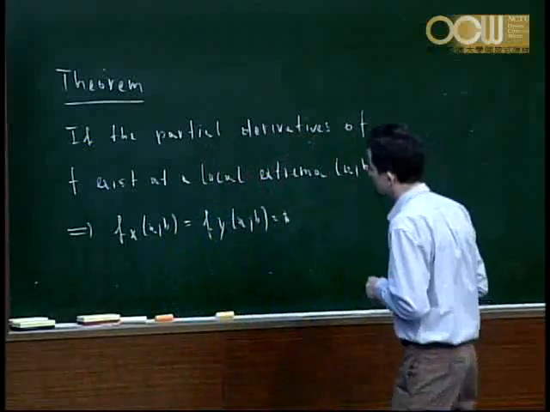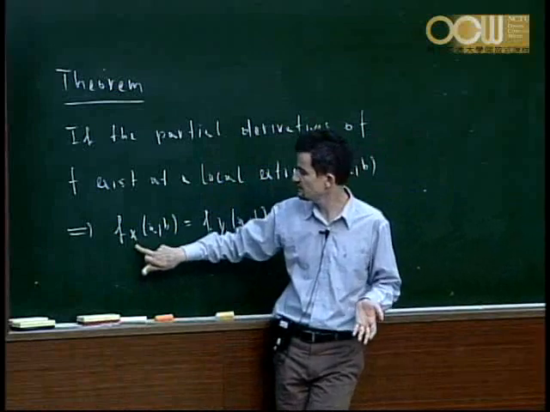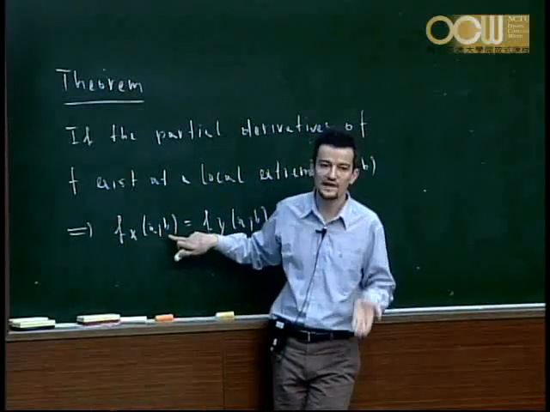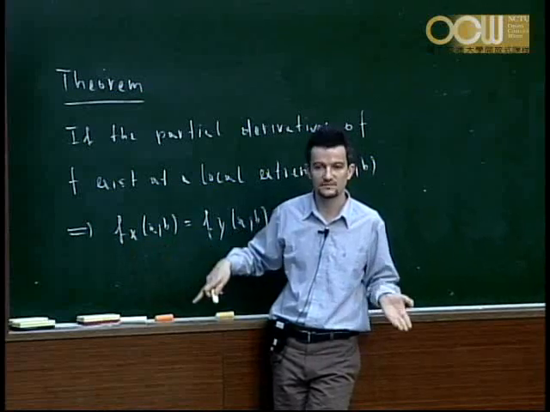Because if we look at partial derivatives, for instance, this means we keep y fixed, y equal to b, and we look at f as a function of x.